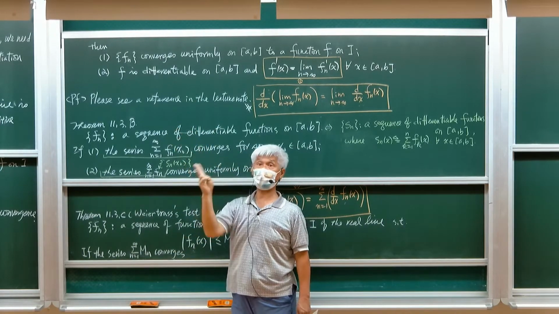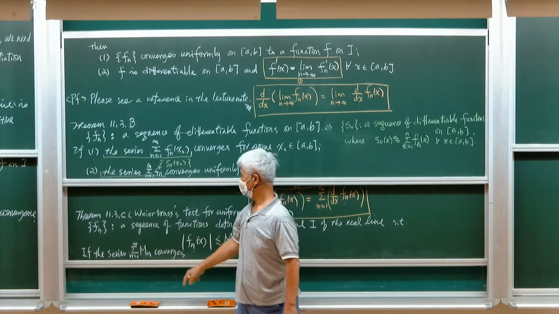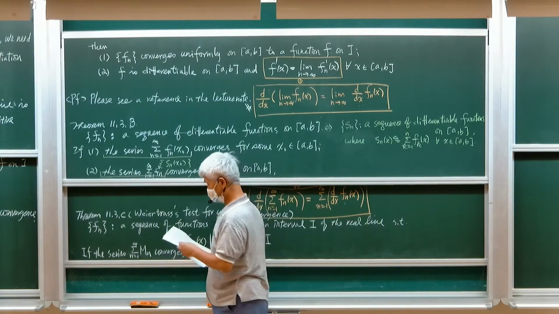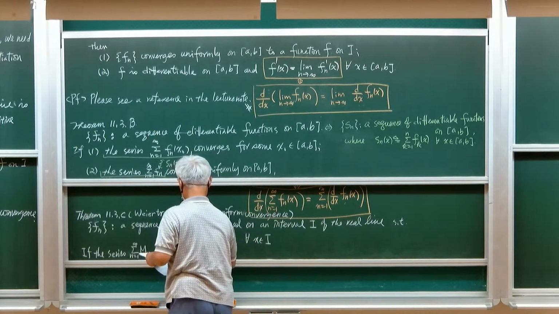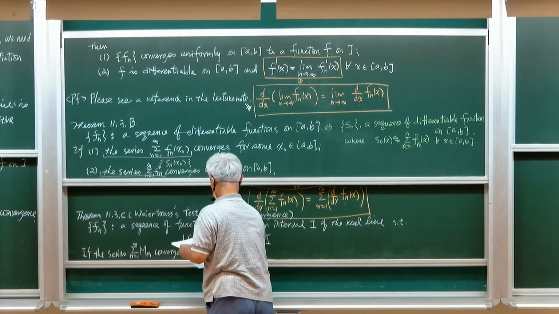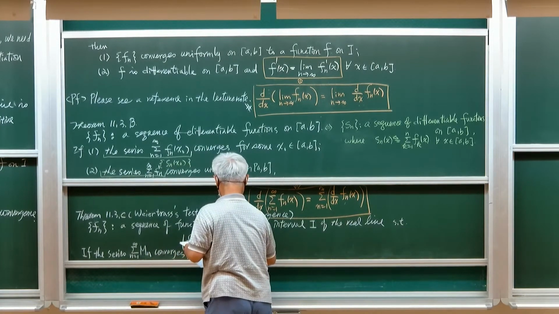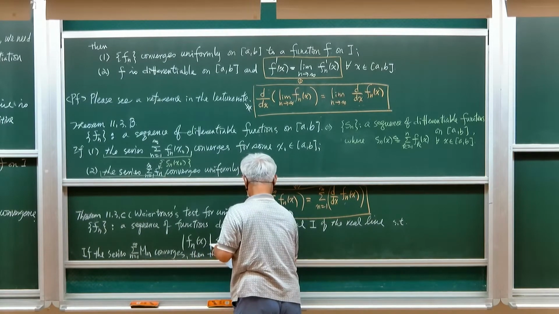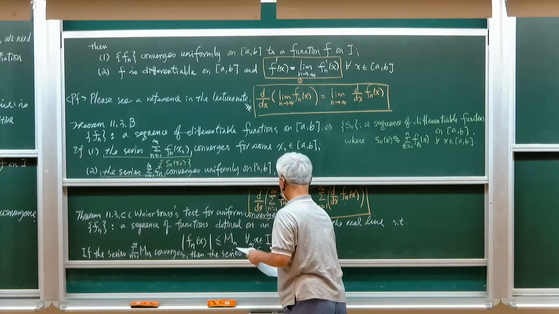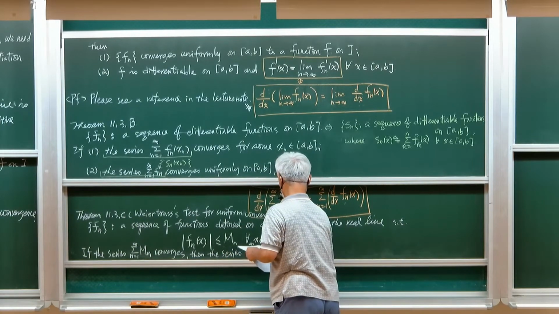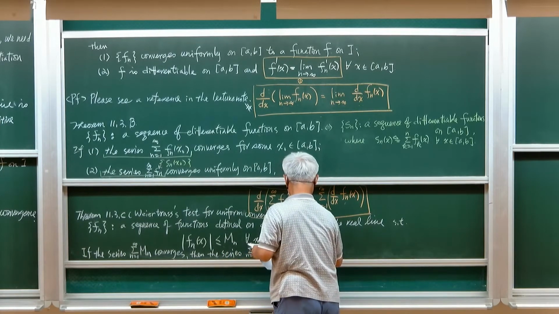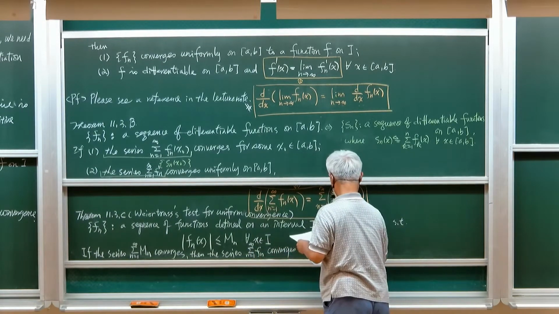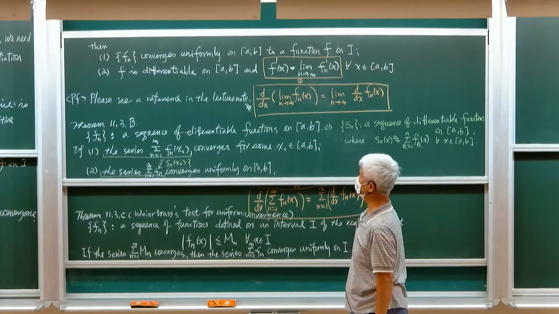There are only two possible ways. Here we say that the series converges, so converges to a finite number. If this is the case, then the series of Fn converges uniformly on I. Okay, on I.